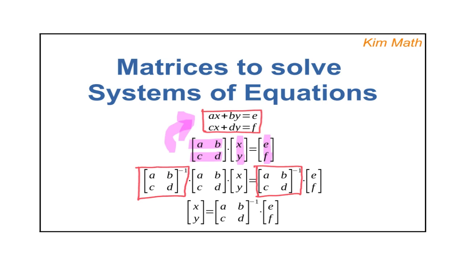The product of these two things is the identity matrix, right? So the identity matrix times [x, y] is just [x, y]. Wow. So we have this very wonderful equation. Okay, this is the [x, y].